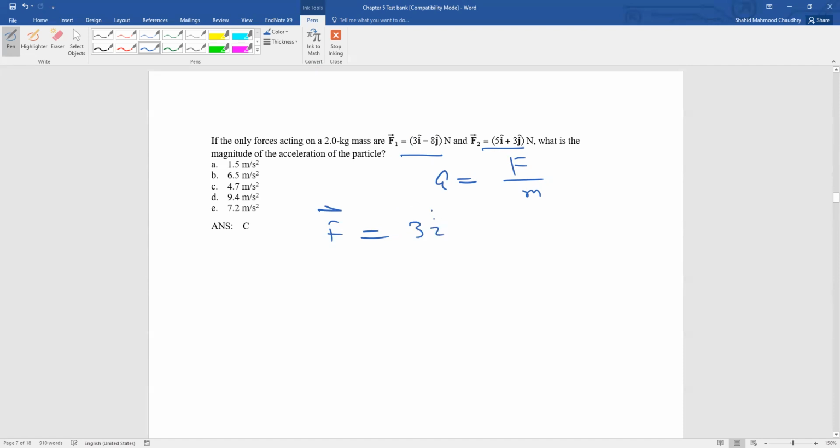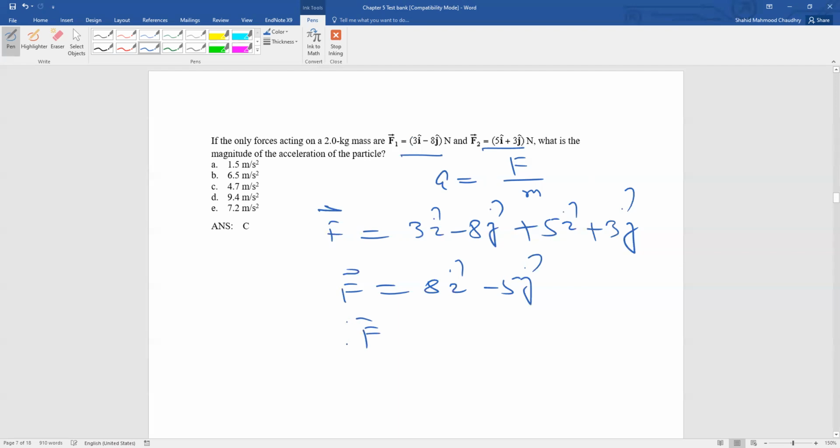The total force is 3i minus 8j plus 5i plus 3j, which is 8i minus 5j. Now you can find the magnitude of the force: 64 plus 25 under root, which is root 89.